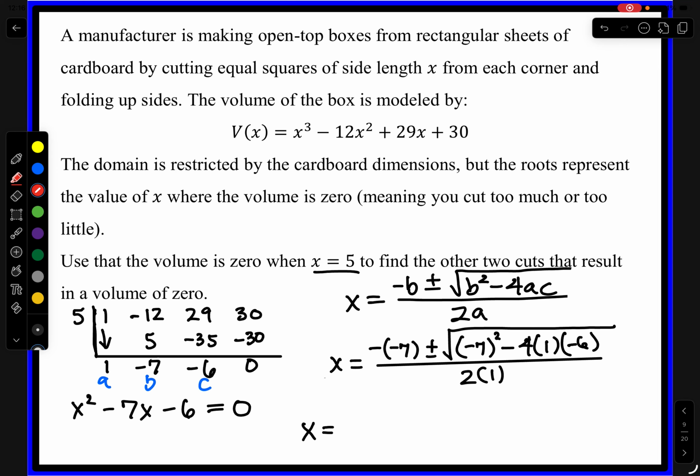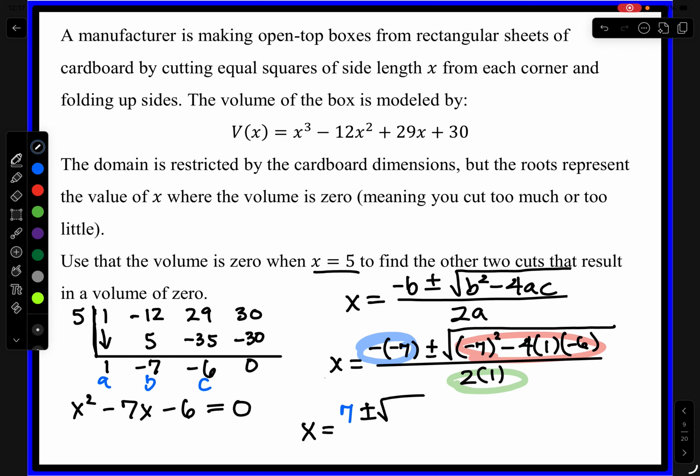So let me highlight what I'm simplifying here. First of all, that, this, and that. And let me do a different color. Let me do this in red, and I'll do this one in green, and I'll write those numbers in the corresponding color. So negative of negative 7 is going to be positive 7. We have plus or minus and the square root.